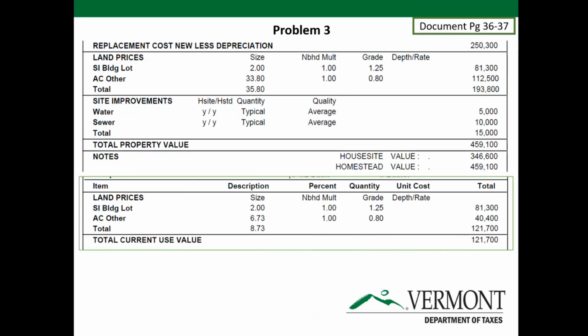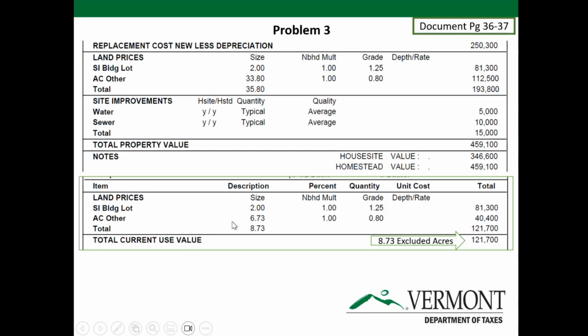On your screen, you will see the cost report at the top that gives us what the parcel is valued at and how it is valued for the land. This one also includes site improvements. And at the bottom, we have our current use calculator sample. Again, we have the 35.8 acres up here that's worth 193.8.